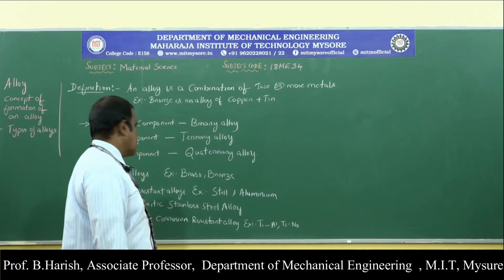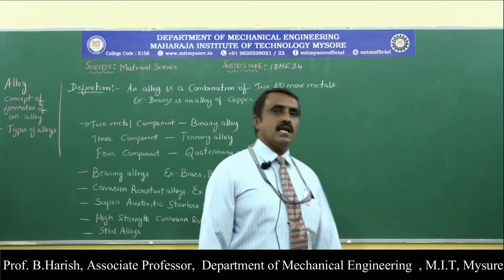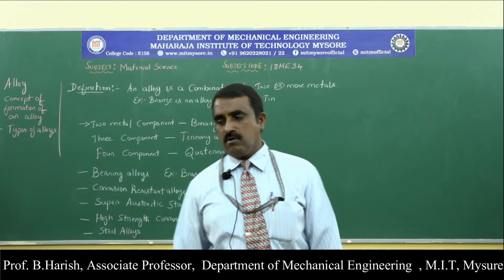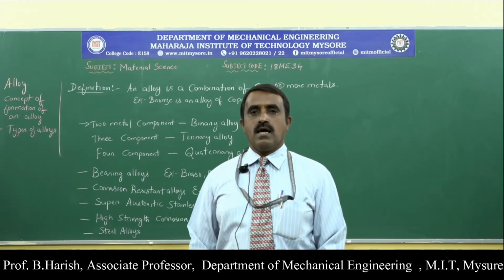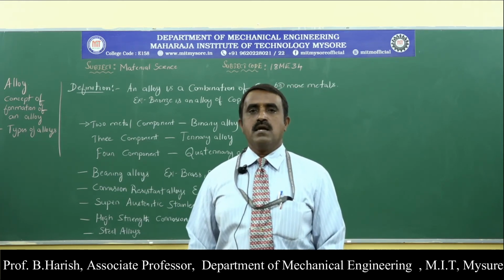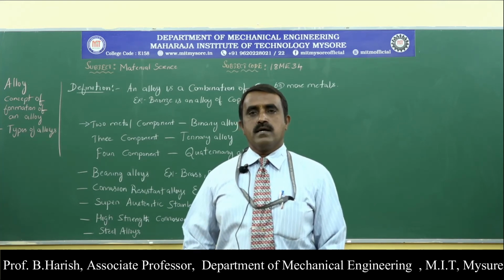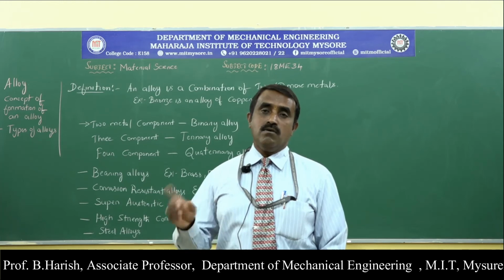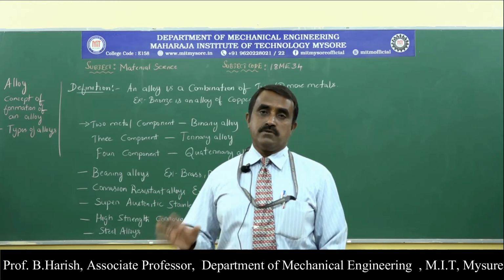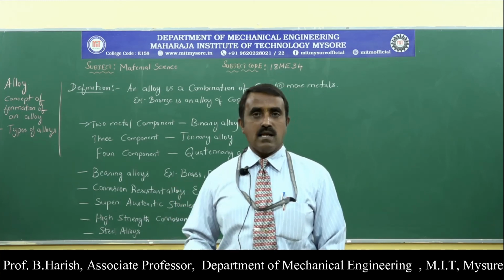Then the last one is steel alloys. We have seen that different types of steels can exist, like alloy steel, stainless steel, tool steel. Each steel will have different properties. Steel is nothing but iron.